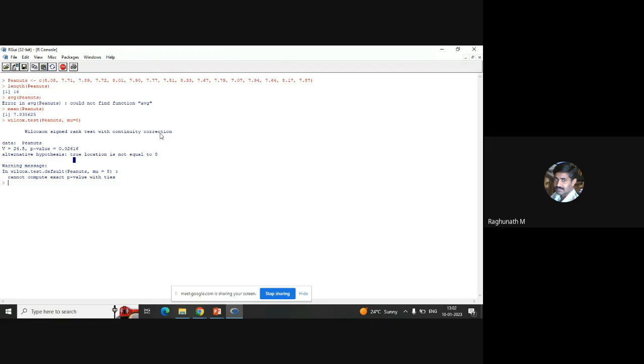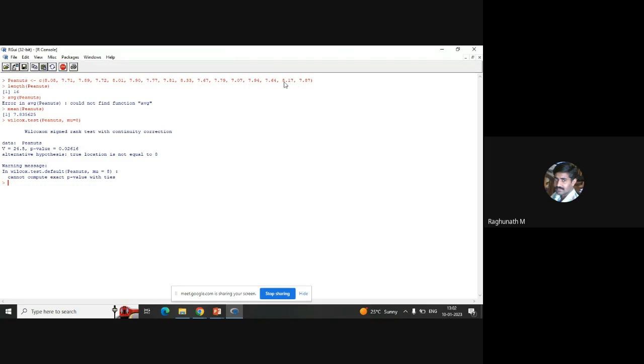So what happens here is, for the test statistic value, it will subtract 8 from each of these observations: 8.08, 7.12, 7.89. Then it will see how many out of these 16 observations are negative and how many are positive.